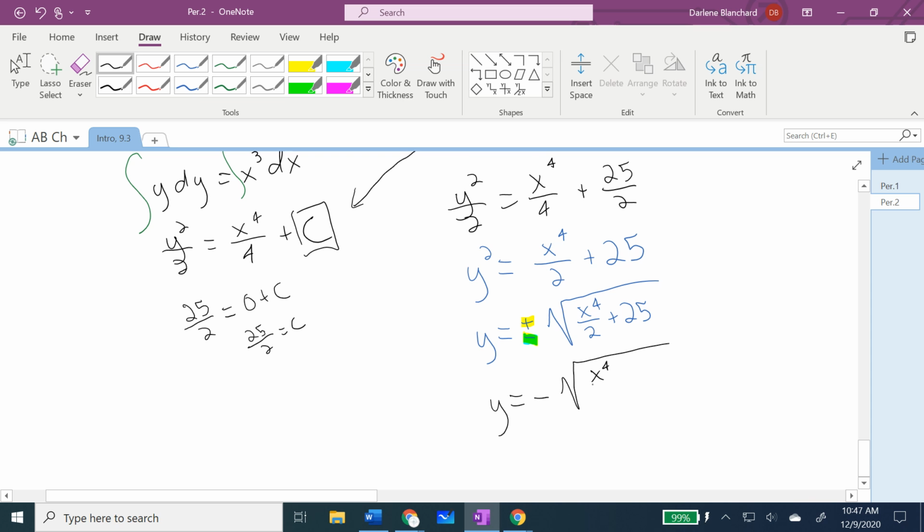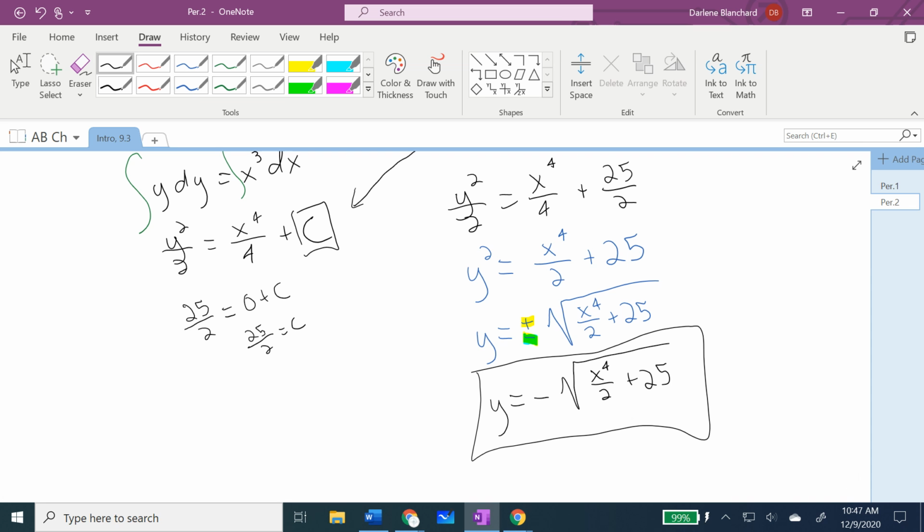Realize that if you run into a plus or minus situation when you're trying to isolate your y, that initial condition determines which one you use. And you're going to run into that a little bit in today's homework. So there you go. That's the particular solution.